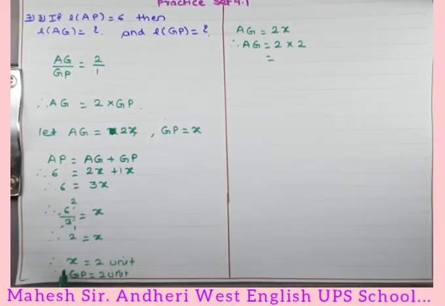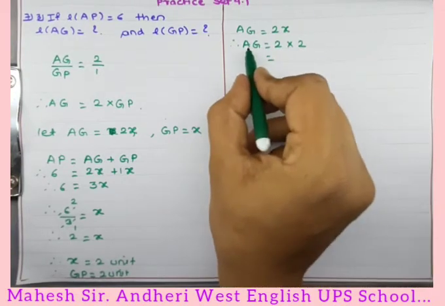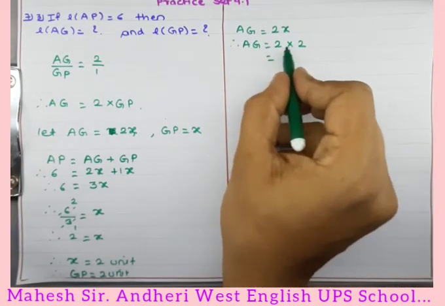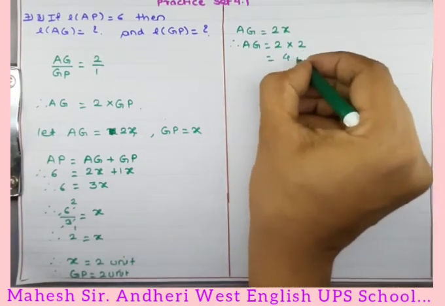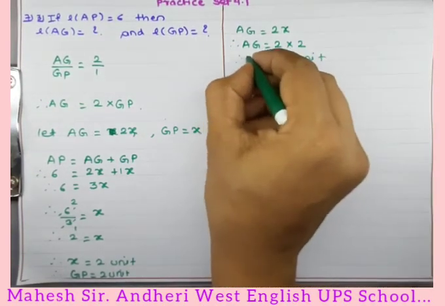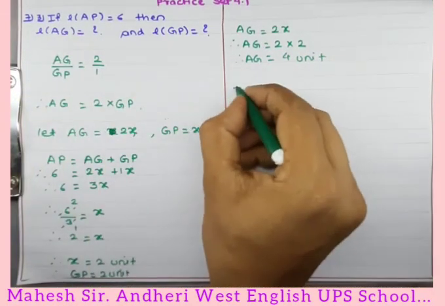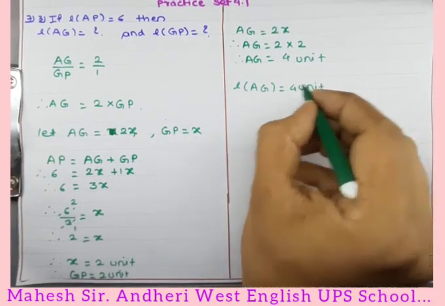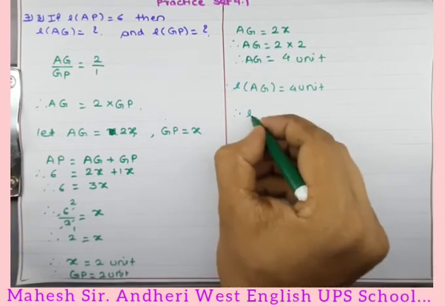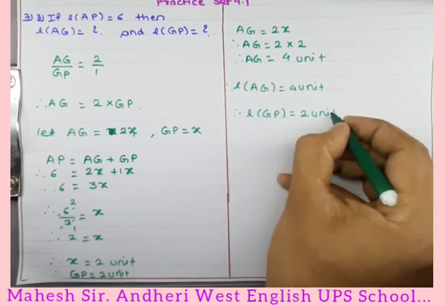I have written AG is equal to 2x; 2x means 2 multiplied by x, and x is 2. So 2 multiplied by 2 is 4 unit. So we have got the answer: length AG is equal to 4 unit and length GP is equal to 2 unit.